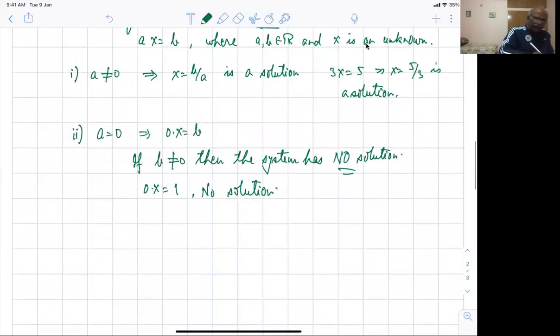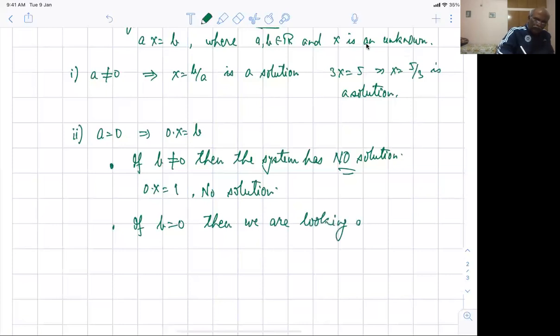Another case will be if b is 0, then we are looking at the solution of 0 times x is equal to 0.